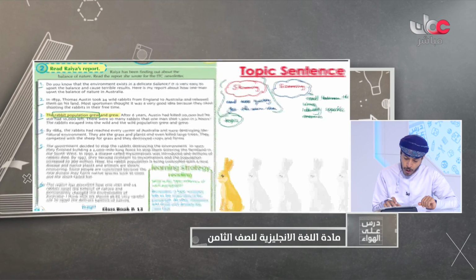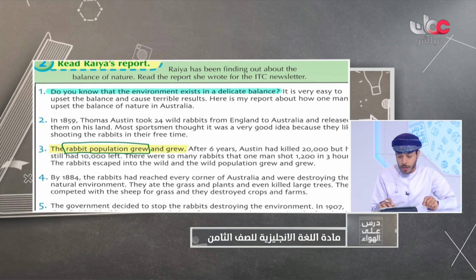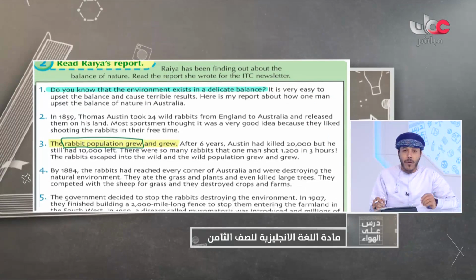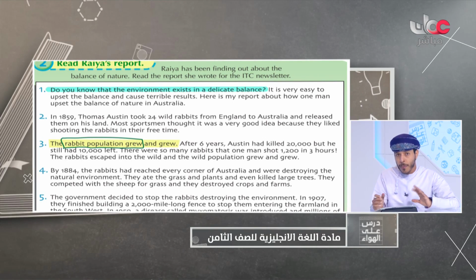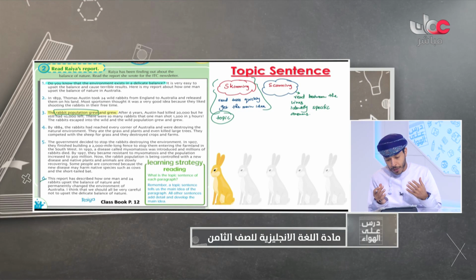For example, for the second one, we can know that the topic sentence is this one. Okay? So this is the topic sentence for paragraph number 1. And the same thing we can do for the rest of the paragraphs. Okay, guys? So this is the idea of having topic sentences.